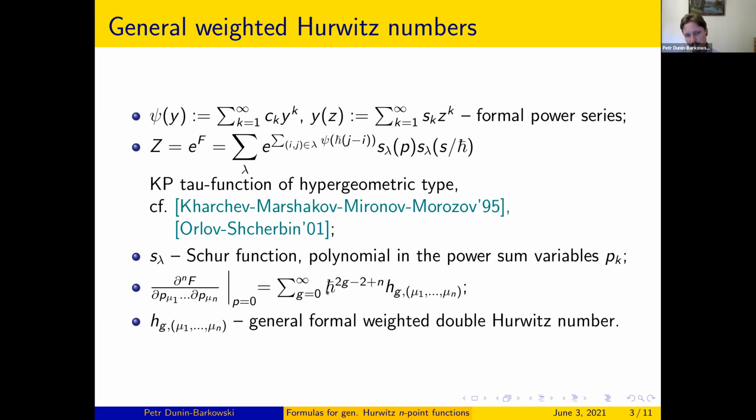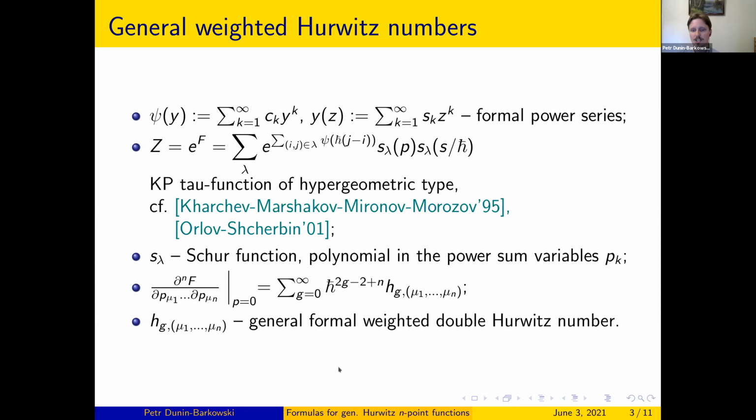The coefficients here are some numbers which are labeled by g and labeled by a Young diagram mu. So these are coefficients in front of monomials in the p variables in this f, in front of some specific power of h bar. And this is what we call h_{g,mu}.